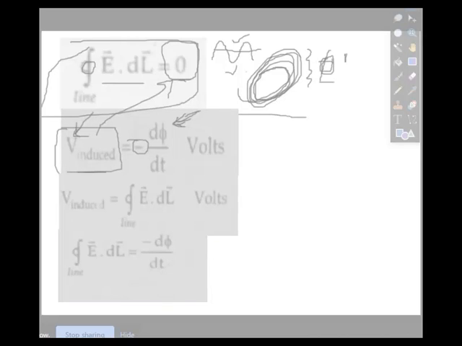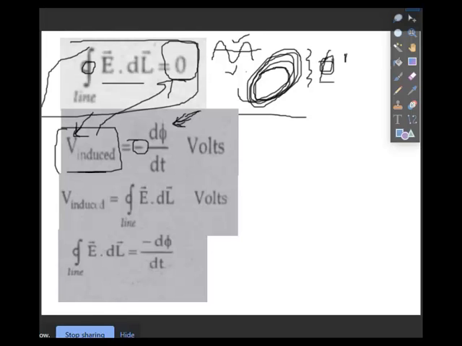Now this phi has a relation with flux density, because whenever there is a change in current, there will be flux, and flux per unit area is flux density. So the expression is phi equals integration of B dot ds. If you integrate the flux density over the complete surface area, you will get the total flux present in that area.